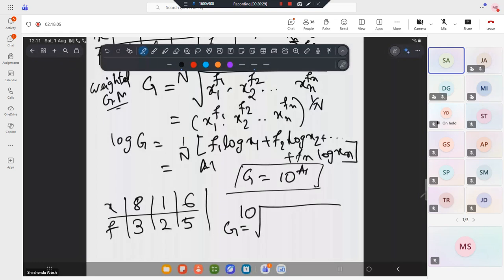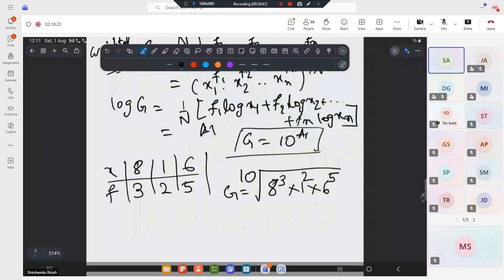So the 10th root of 1 cubed multiplied by 2 squared multiplied by 6 to the power 5. There are quite common chances to put x to the power f as f to the power x, so do not make a mistake there.